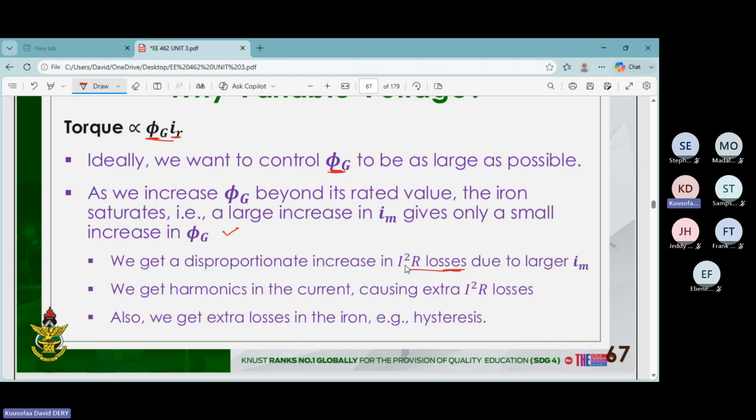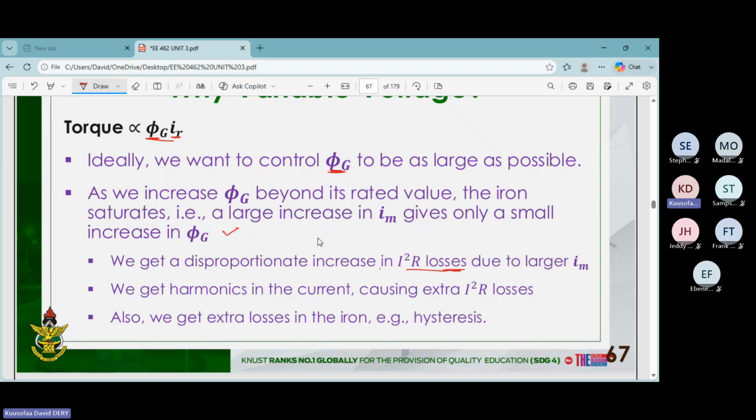So the I squared R losses will increase as a result. And we get harmonics in the current, causing extra I squared R losses.